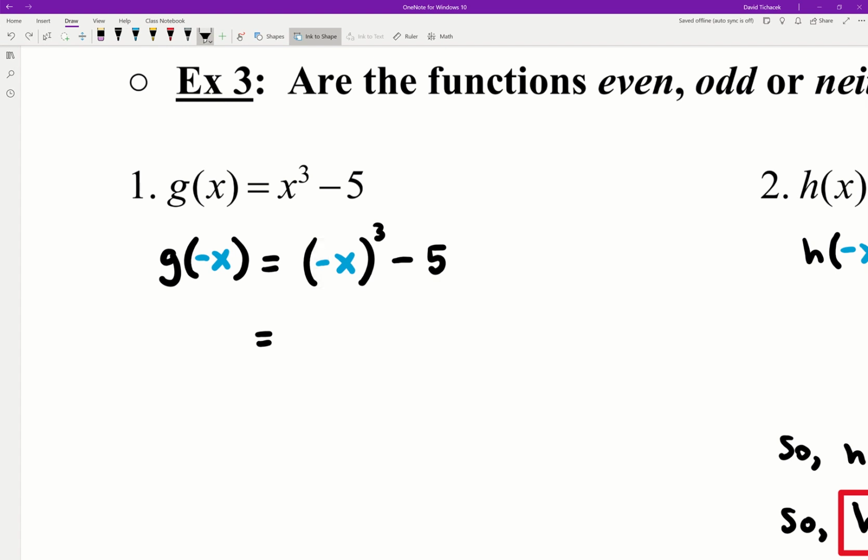Well, unfortunately, it's not, because this negative is being raised to the power of 3, and so that would lead to negative 1 times negative 1 times negative 1, which would give you negative 1. It would not eliminate that negative for us here, unfortunately. And so what we end up with is a function formula that is not equal to our original g of x, and it's also not equal to negative g of x as well. Okay, so what we would conclude here is that g is neither.